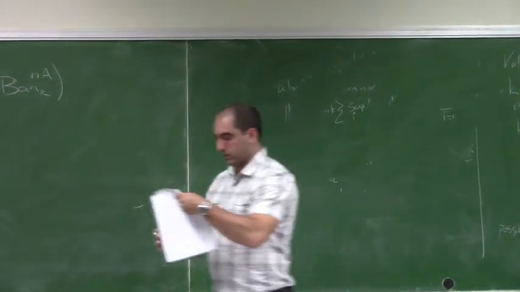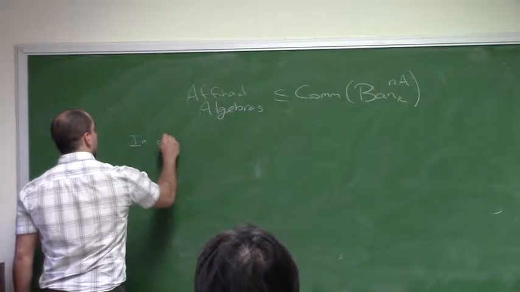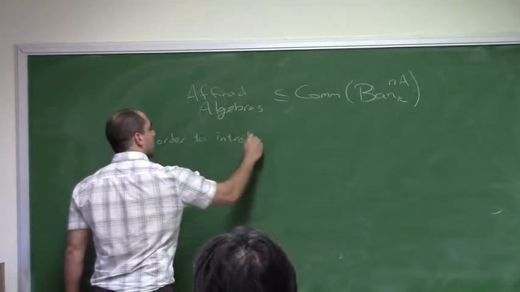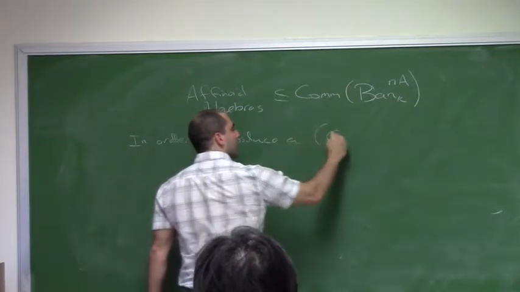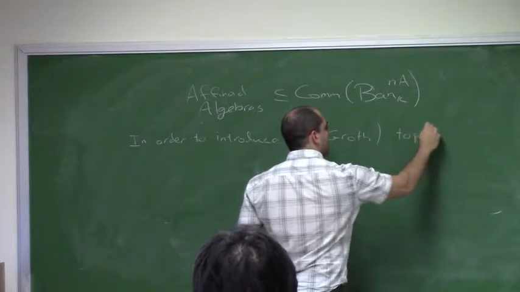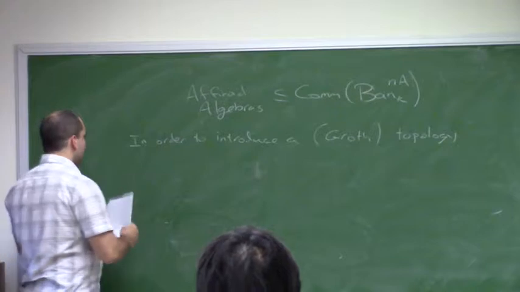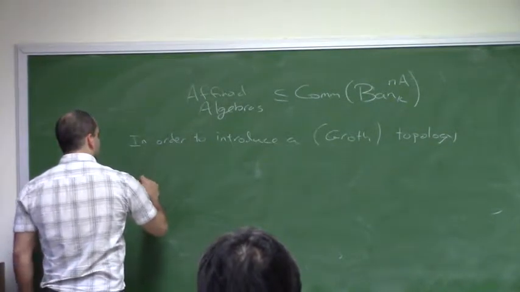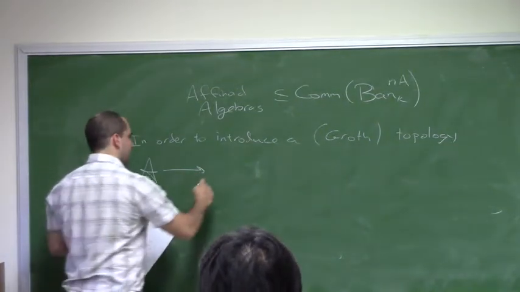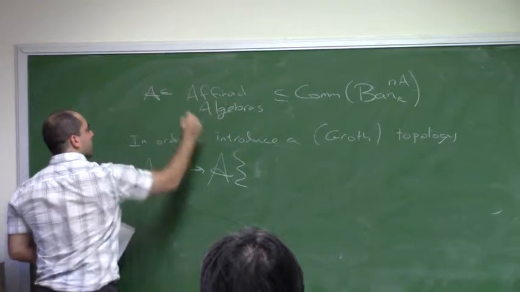To go ahead and do topology, we're going to look at special classes of morphisms. You can also iterate these, but take an object A inside here.